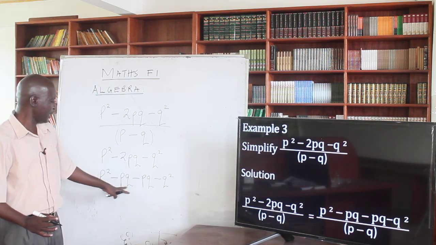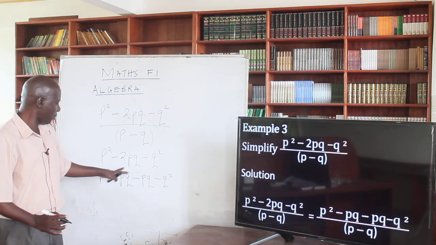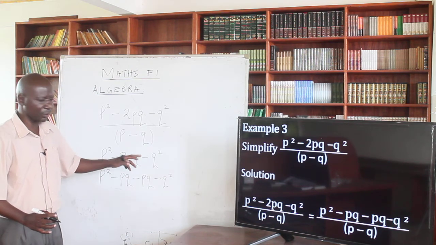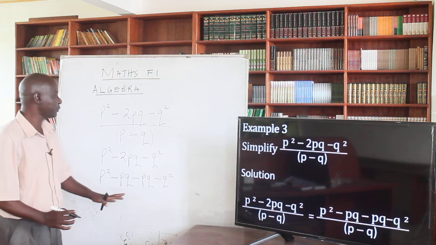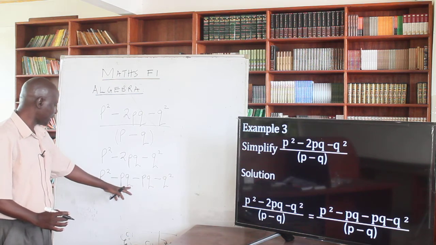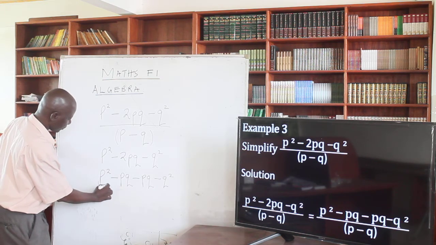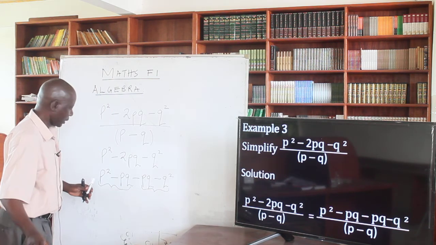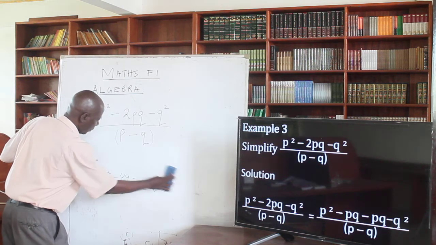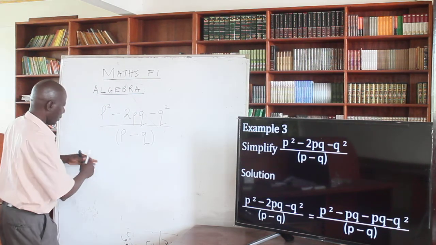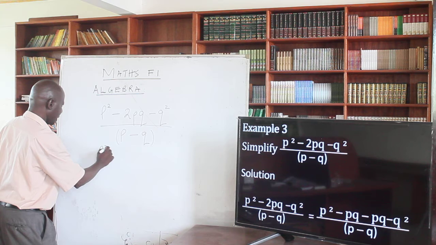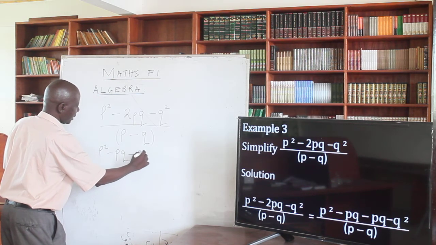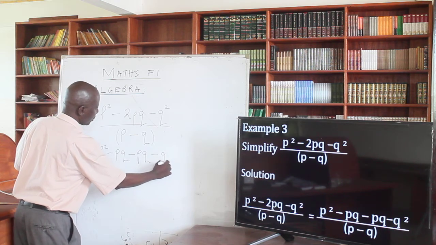Minus PQ and then another minus PQ will give us minus 2PQ in a simple calculation. And therefore from that, we have two groups: the first group and the second group. We have P squared minus PQ, minus PQ minus Q squared.